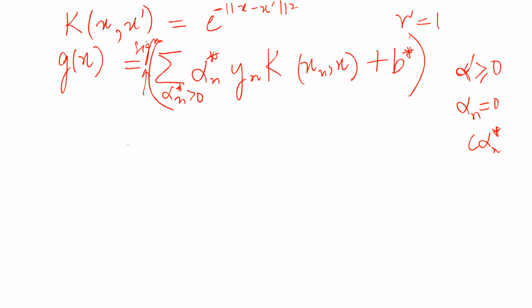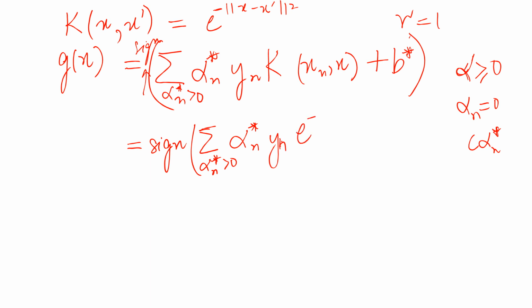So summed over alpha n star greater than 0. Let me also substitute the kernel value and write it again. So basically, this is the summation over alpha n star greater than 0 of alpha n star yn, and then the kernel value, which is e to the minus x bar squared, plus b star, of course.